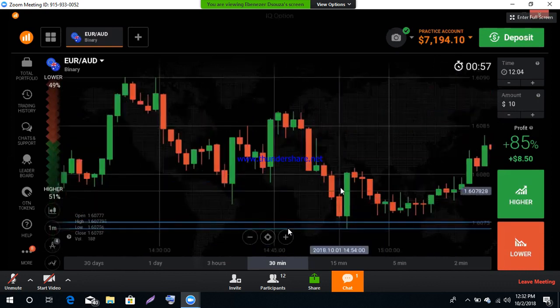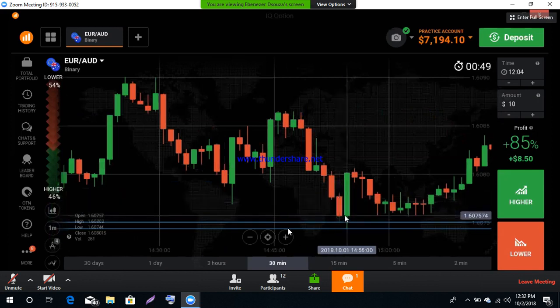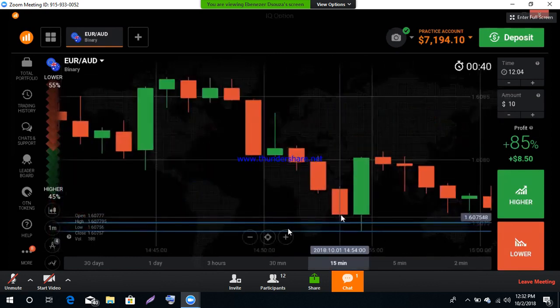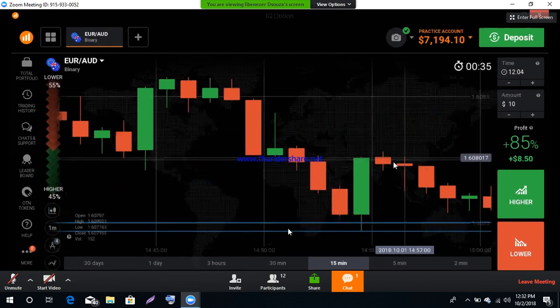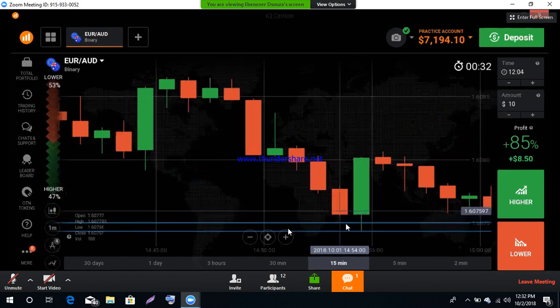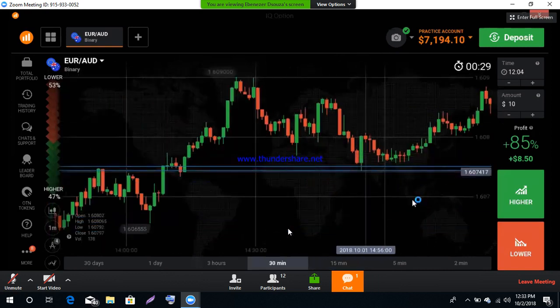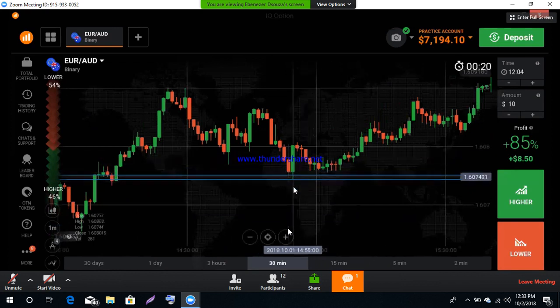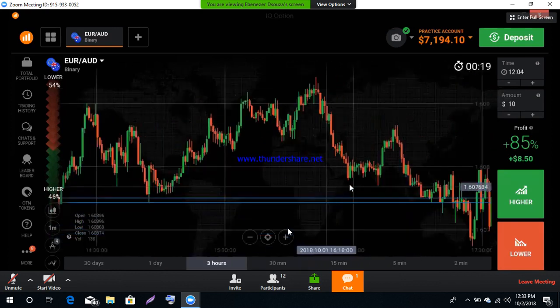So you can see here this candle closed below the level, right? When a candle closes below the level, it means it will reverse from this level. If you see one confirmation, you can trade here, but there is some gap. It means again there is a chance to form a candle like this or like this, because there is some gap between the level and the candle. But most of the time when the candle didn't touch this level, it will reverse from this level. Most of the time it will work like this.